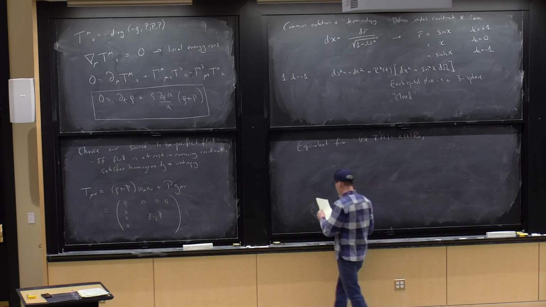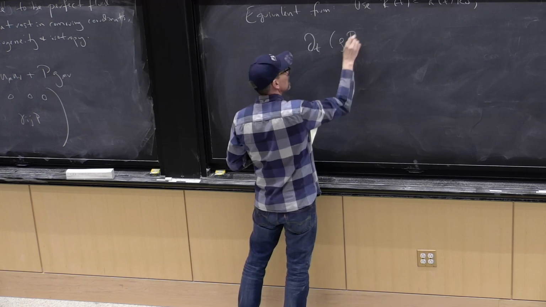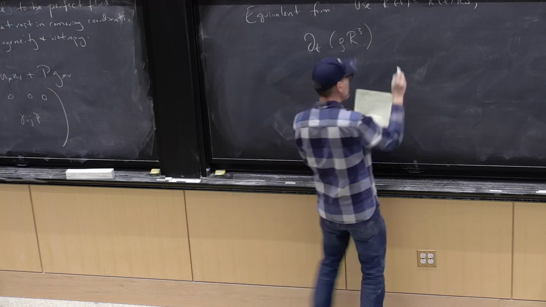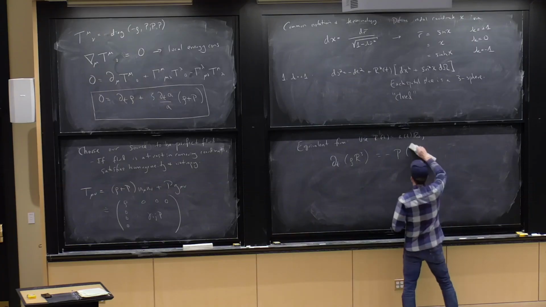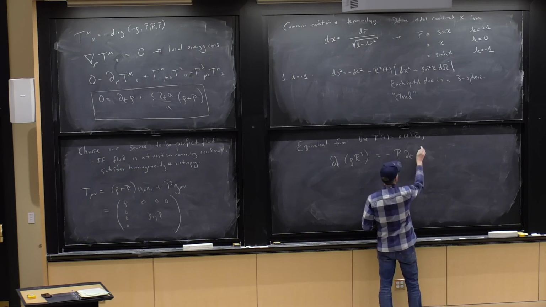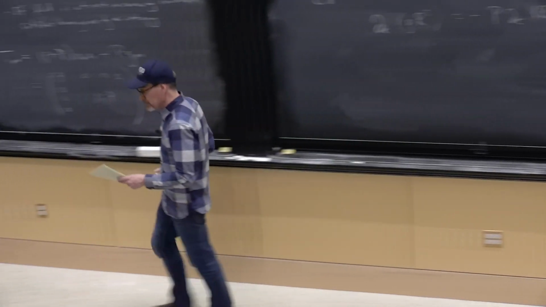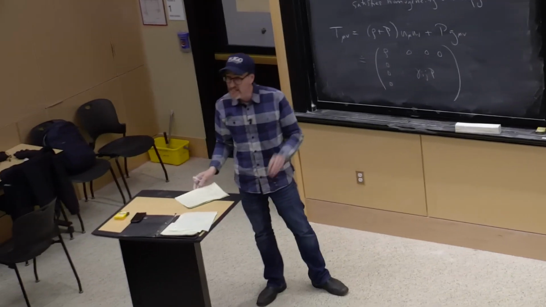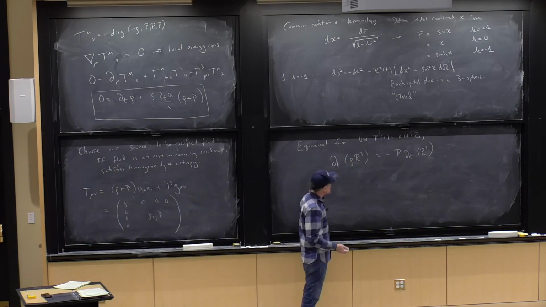So put that R back in. Okay, so let's look at what this is saying. R cubed, modulo numerical factor, is the volume of a spatial slice.